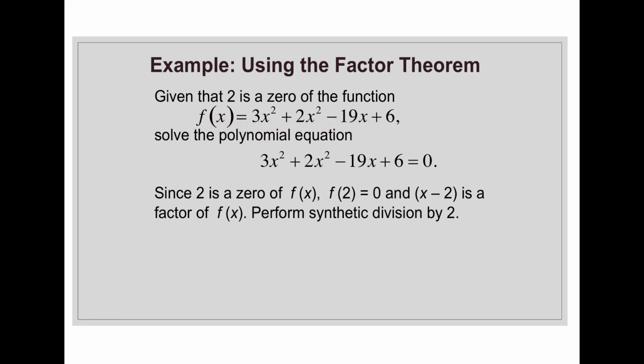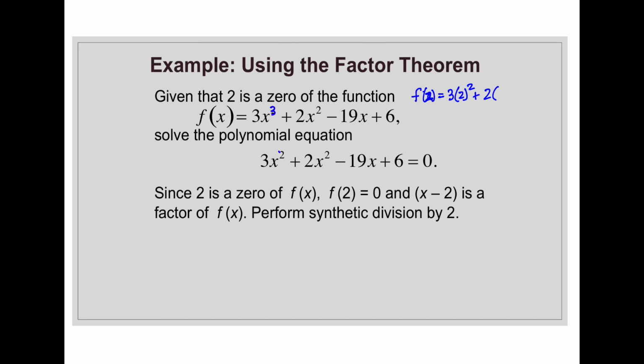so in other words, if I were to plug in 2 into this function, I should get 0. We can check that out. They gave it to us, so it's kind of just a matter of trusting them. But again, plugging 2 into there, finding the f of 2, that's 3 times 2 squared plus 2 times, or it's to the, this should be to the third.